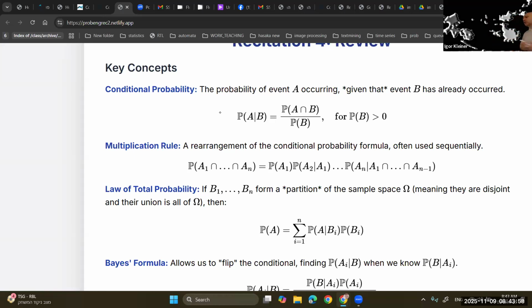In some cases, not always, but in many cases, the formula of total probability can help us. How? The idea is divide and conquer. If you are from computer science or mathematics, you probably know it. The idea is to divide omega into sub-regions, for example region number 1 and region number 2. This is a partition of omega.